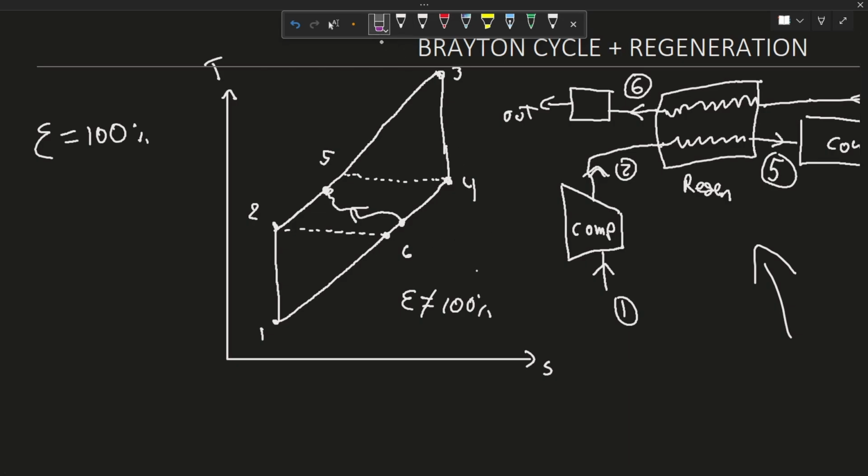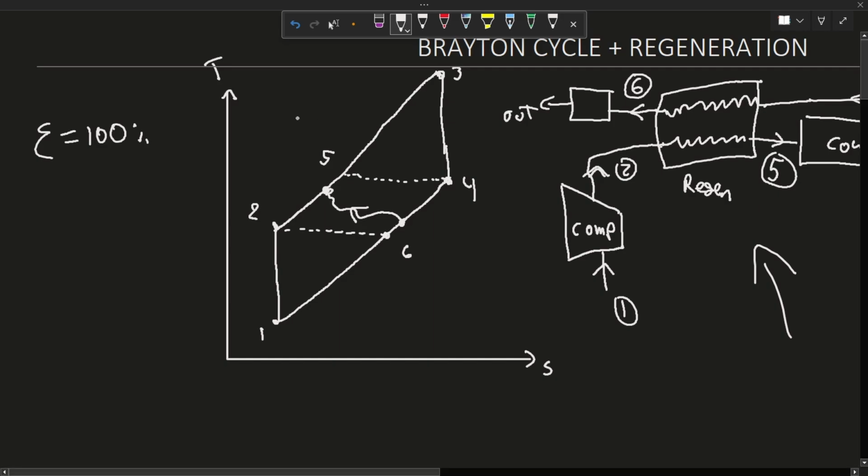So basically, the way you solve your problems is that you have to consider that it's at 100%. I don't know, it's a little bit hard to explain, but basically, this part over here is your Q regen. Q regen, which is the heat that's being regenerated, is equal to Cp times, if this was at 100% efficiency, it would just be equal to T4 minus T2, from here.